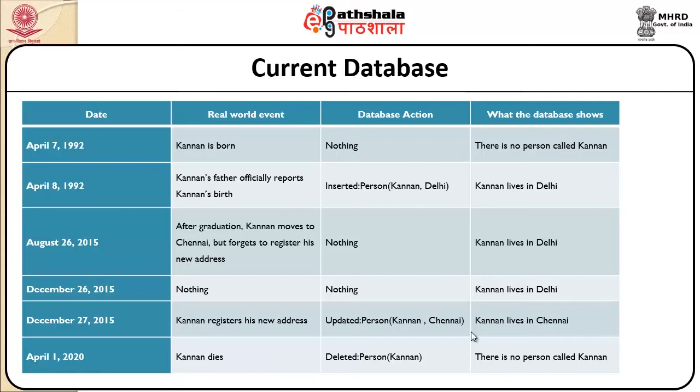So, the day of April 7, 1992 has passed. When I make an entry in the database, it is actually on April 8, 1992, but it stores the previous day's record. So, valid time is actually April 7, 1992, but the transaction time is April 8, 1992. That is what we are trying to say here.